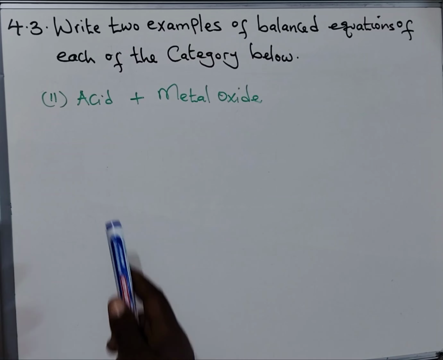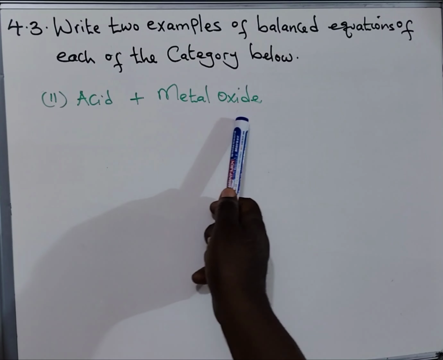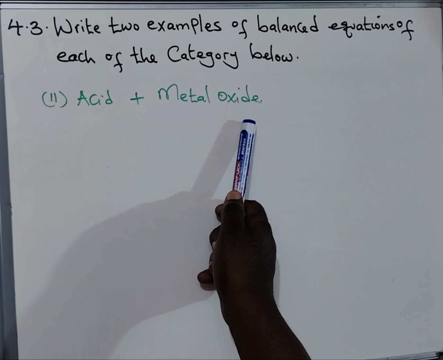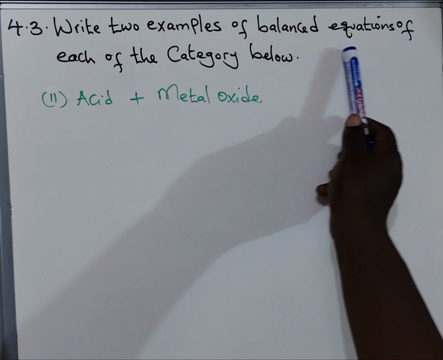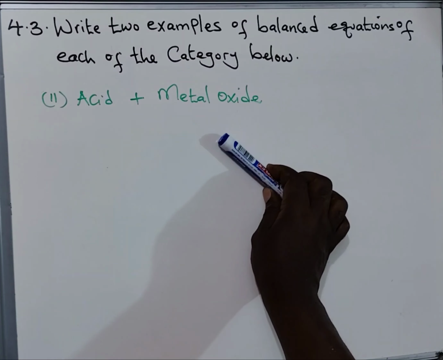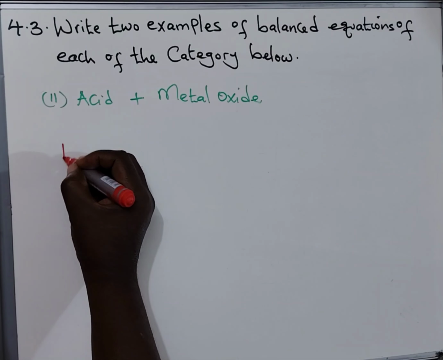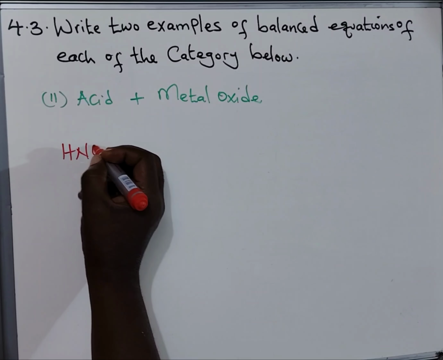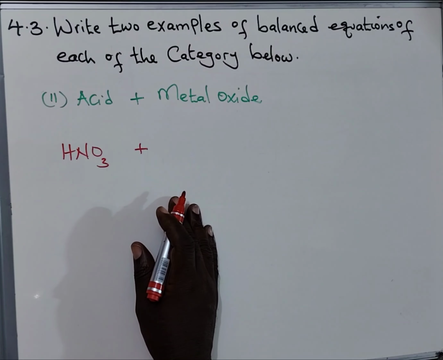Then comes this question, acid plus metal oxide. The question says, write 2 examples of balanced equations of each of the category below. We are looking at an acid plus metal oxide. Suppose this time around, let us use nitric acid plus metal oxide.